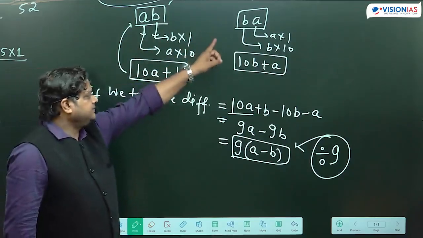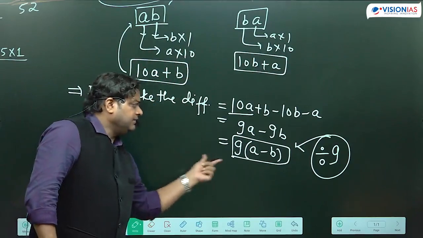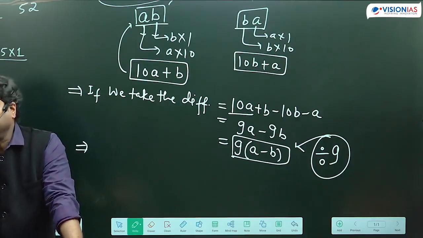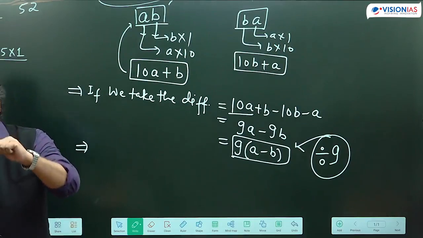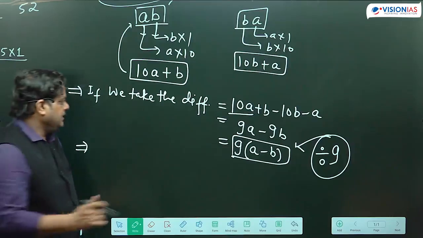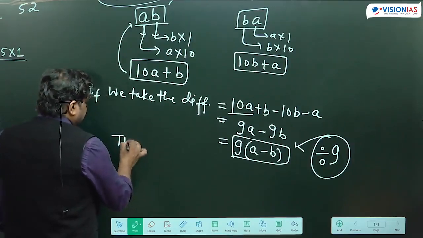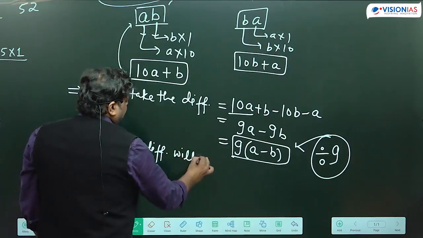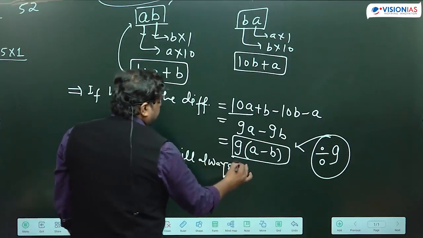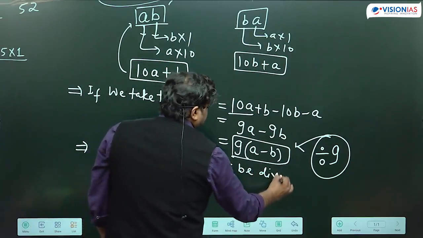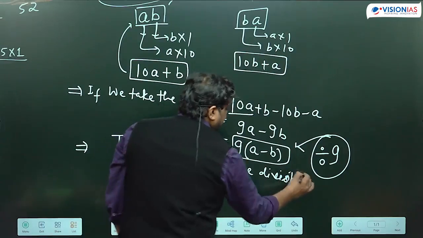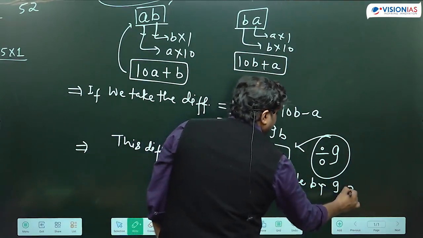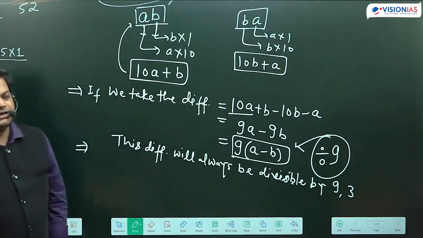If we reverse the digits, take the difference, that difference will always be divisible by 9. अगर 9 से divisible है, तो that number will always be divisible by 3 also. So we can have this observation कि this difference will always be divisible by 9 and 3.